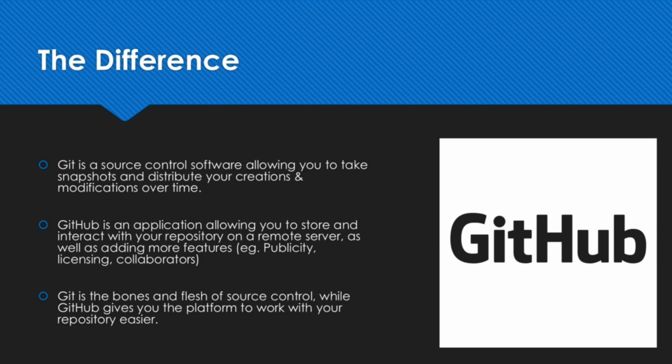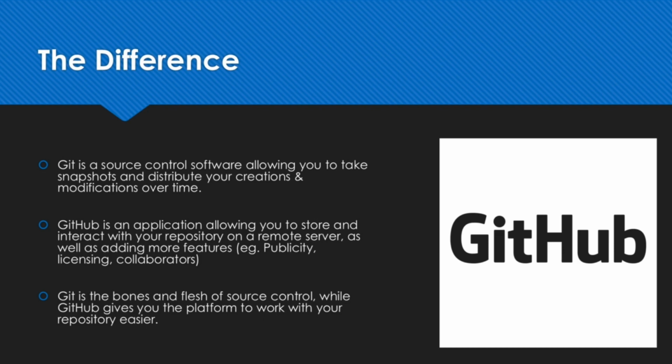Whereas GitHub works with Git to add more functionality and, for example, store these Git repositories on their servers. So GitHub not only builds off of Git, but it gives you a platform to use Git. It's kind of like SourceTree in a way, in that it allows you to interact with Git in a more user-friendly fashion, but it's not just about that.